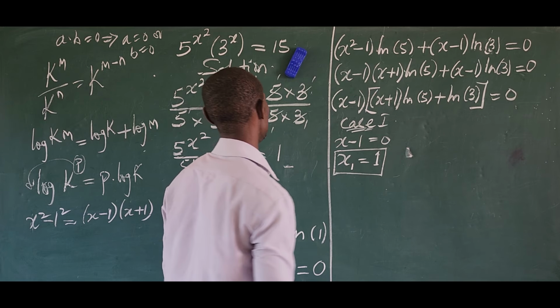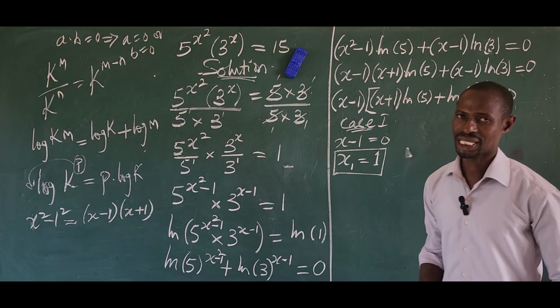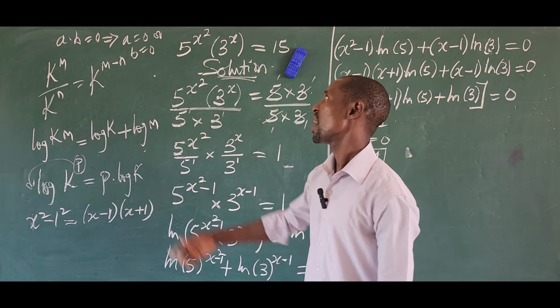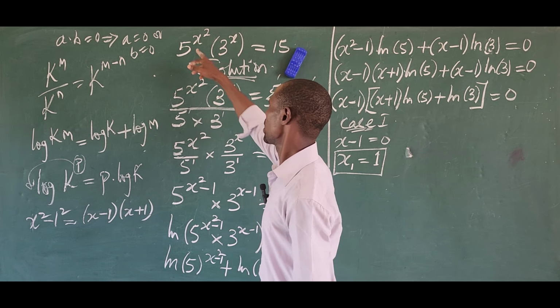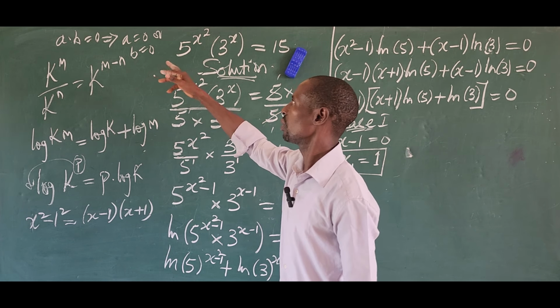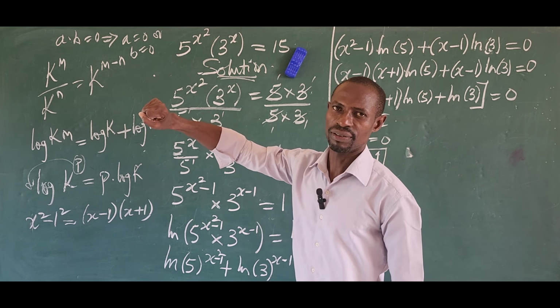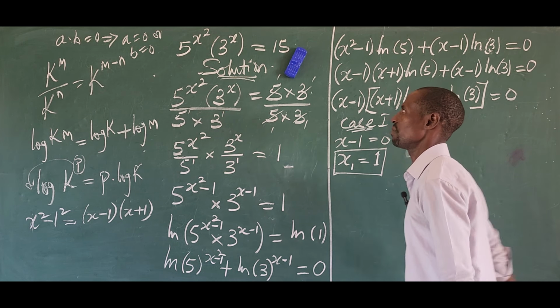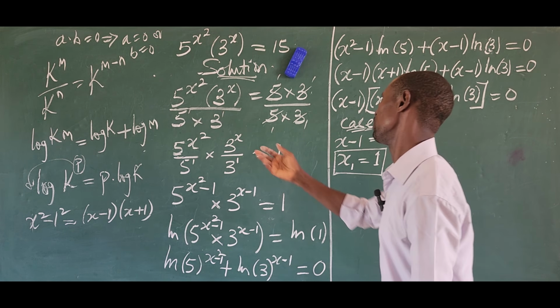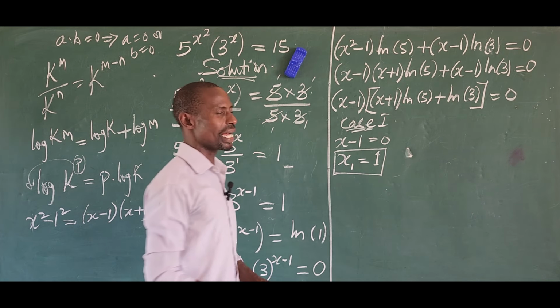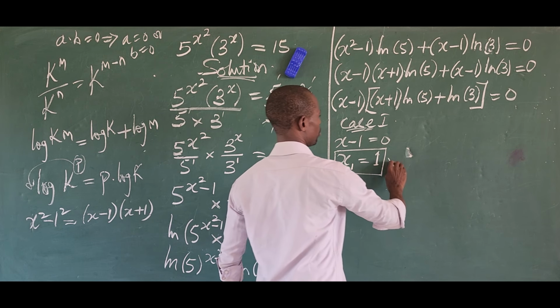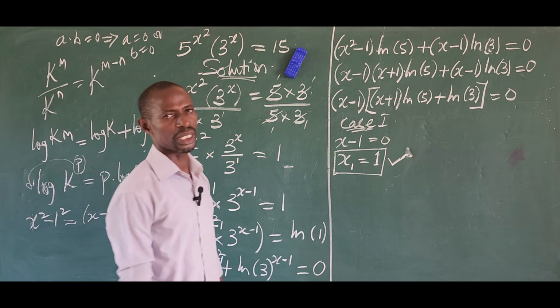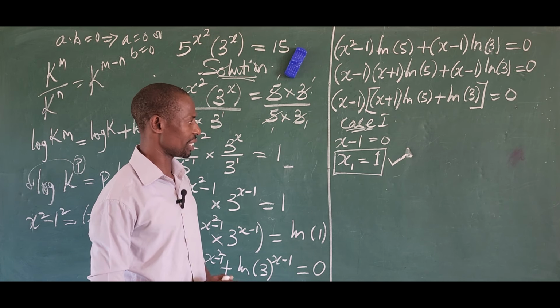So let's check out here if x equal to positive 1 will satisfy the original equation. By putting 1 here, 1 to the power of 2 will give us 1, 5 to the power of 1 will give us 5, 3 to the power of 1 will give us 3. So 5 times 3 will still give us 15. So 15 equal to 15. It means that our first root, x equal to positive 1, actually satisfies the original equation.